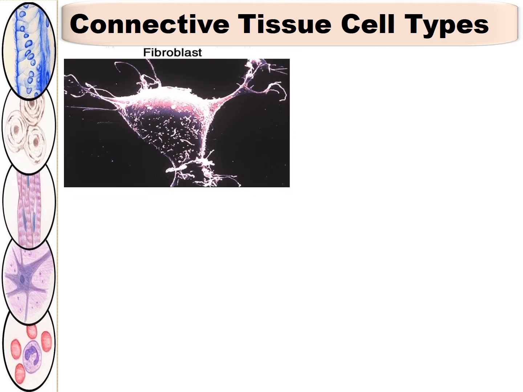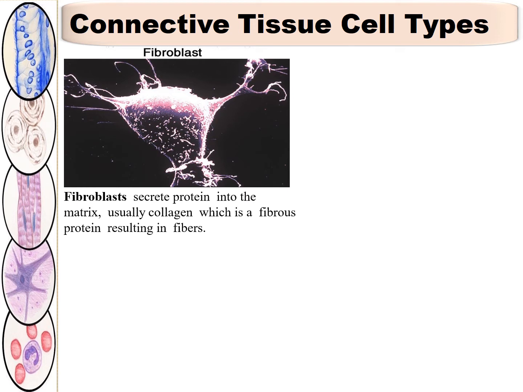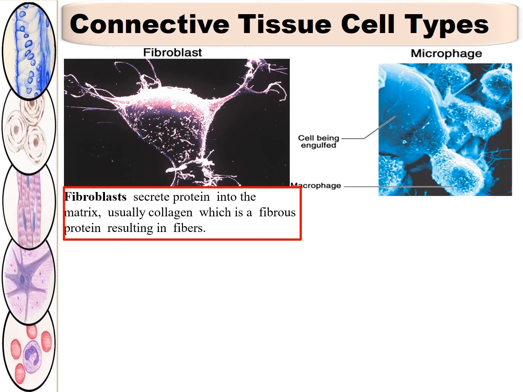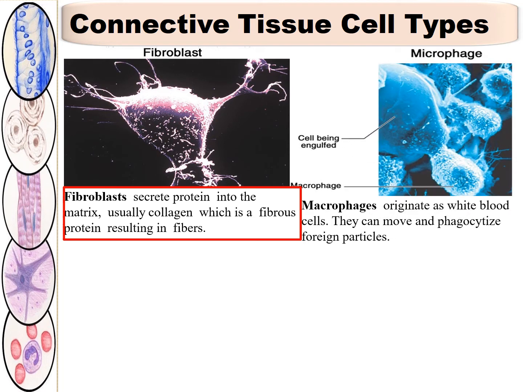The first one is the fibroblasts. These fibroblasts secrete protein into the matrix, usually collagen, which is a fibrous protein, resulting in fibers. The second one is the macrophage. Macrophages originate as white blood cells.